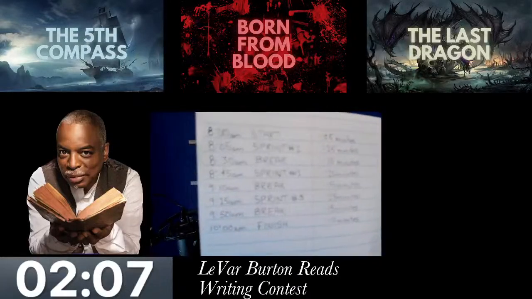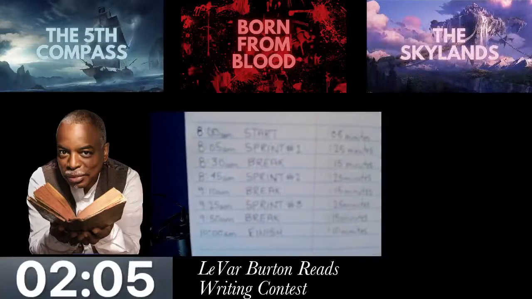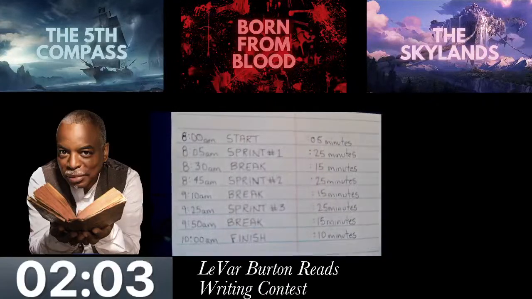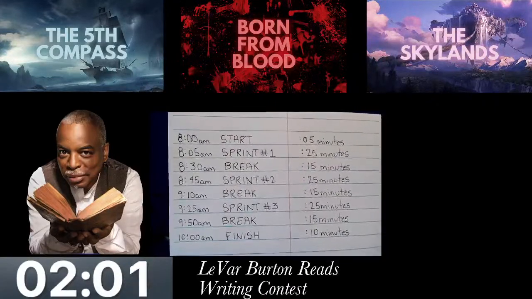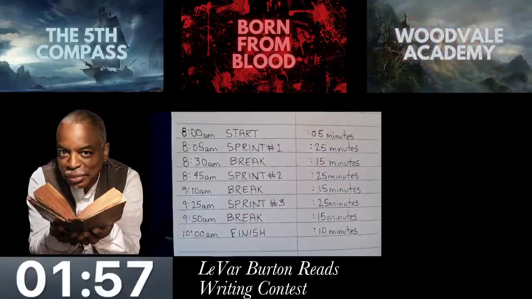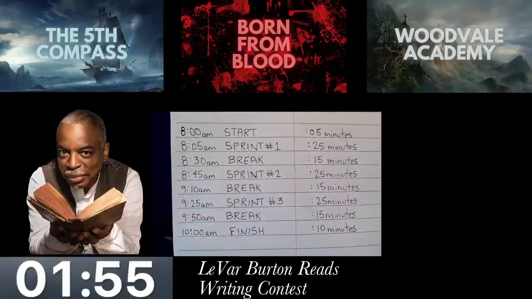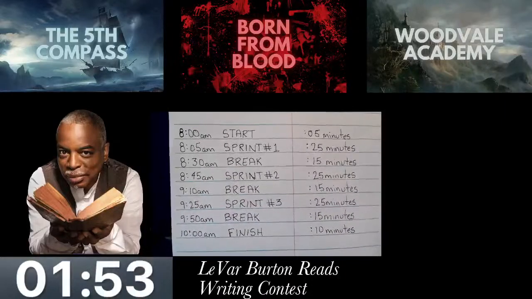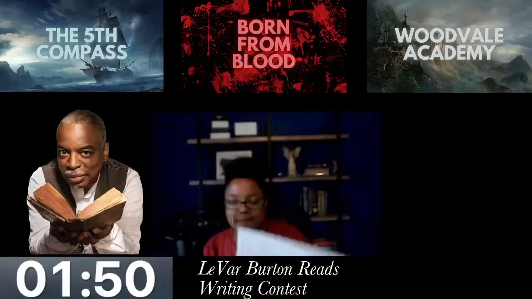Okay, so this is written down much neater than what I had before. I actually bought this little notepad so I could take notes on what I have to do for my regular work. But tell me this isn't much neater. Look at that neat handwriting. So now this is what I actually am doing for my sprints here. I've got 3 sprints, 3 breaks. Good to go.